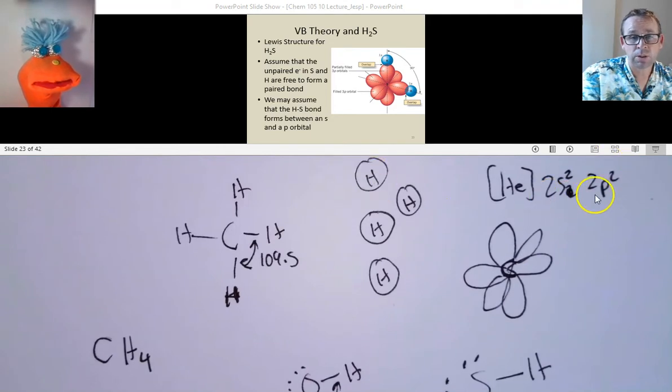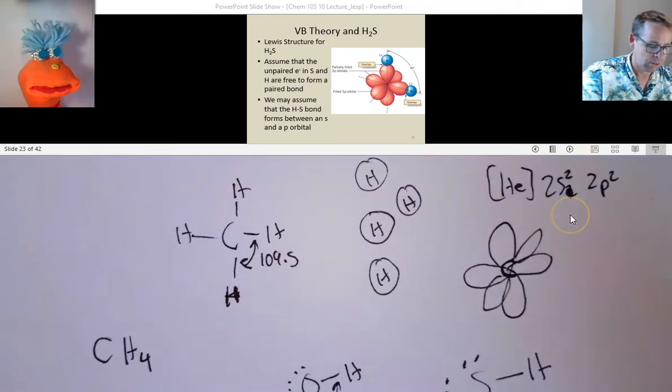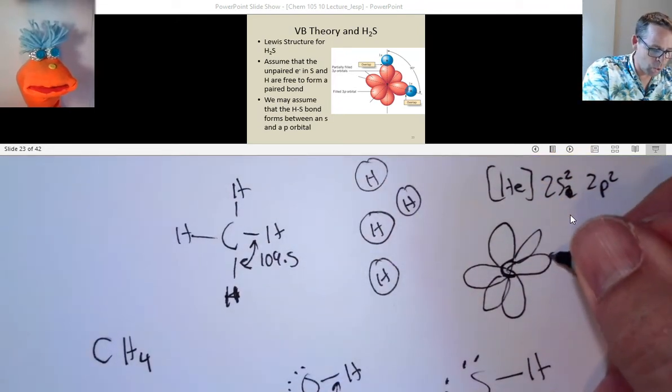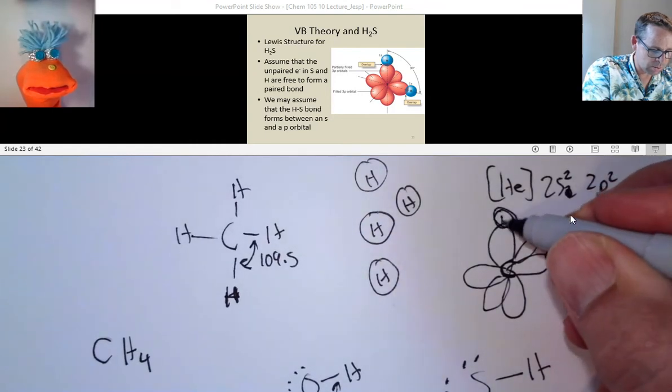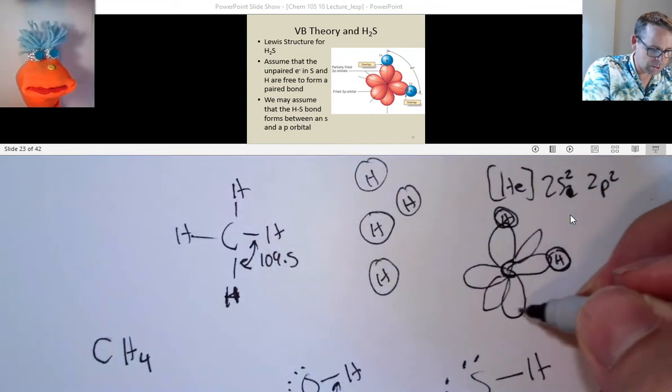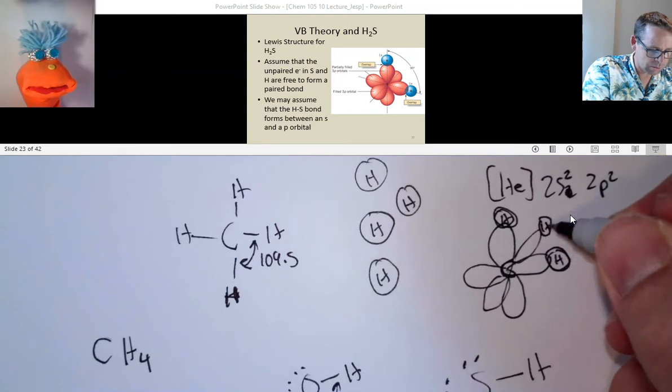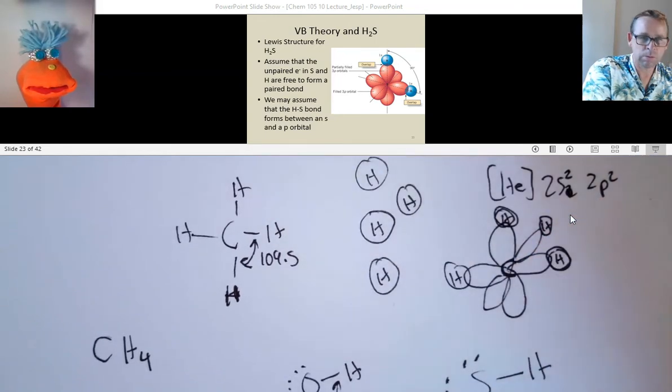So we need maybe 1 hydrogen to bond there, 1 hydrogen to bond here, and then the other ones, where are they going to bond? Over here, and maybe over here.